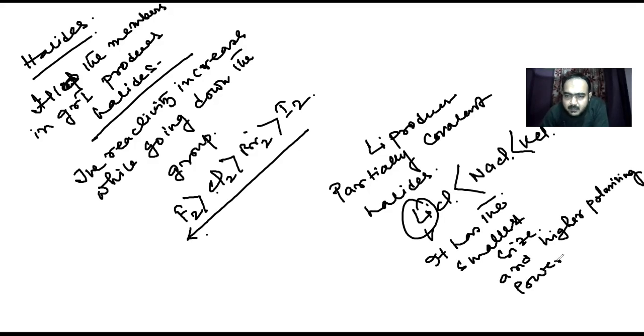You should remember Fajan's rule. Lithium is smaller in size, so it has a very high polarizing power. As the polarizing power is high, the covalent nature is also very high.